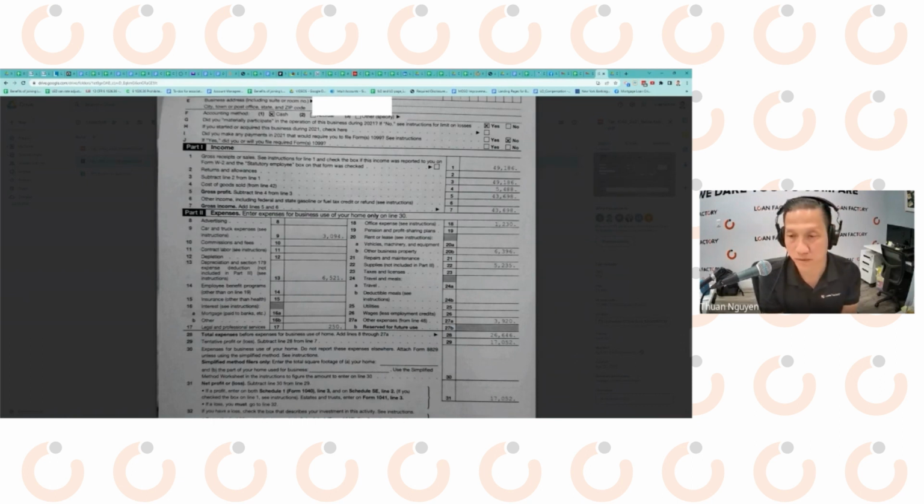Depreciation is one of those too. So let's say you have a business and last year you spent $100,000 to remodel the office and you deducted it, you can claim it back. You can add it back to be your income. Depreciation, same thing. You can add it back.